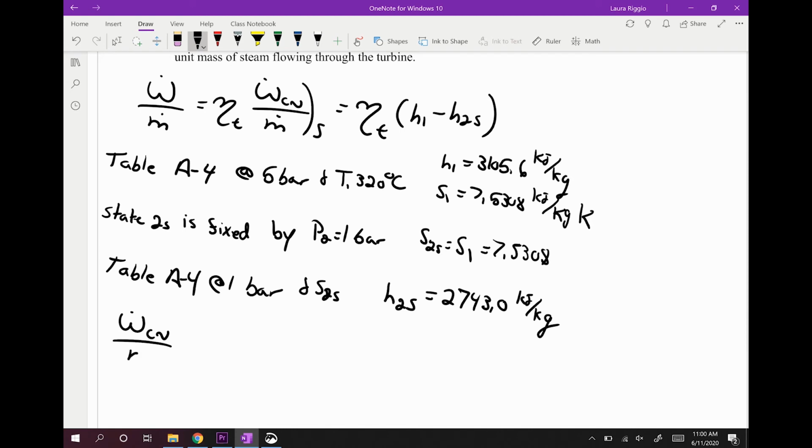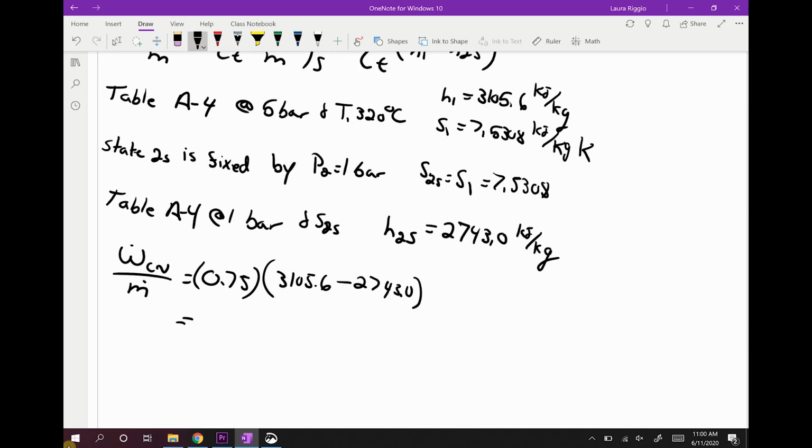So my actual work is 0.75, which is my efficiency, times my change in enthalpy, which is equal to 271.95 kilojoules per kilogram. So your actual work for your turbine is always less than the isentropic work. You can't get out as much power as you could if there were no irreversibilities present in the system.